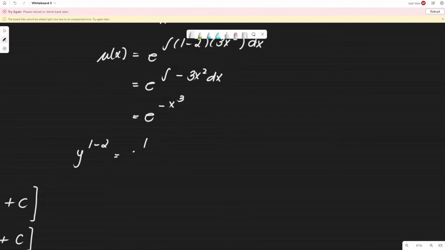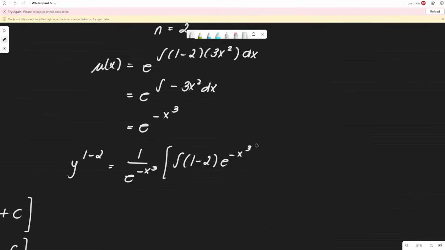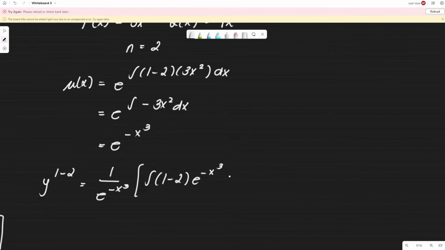So, we have 1 over e raised to negative x cubed, multiplied by the integral of 1 minus 2 e raised to negative x cubed. What is our q of x? 4x squared dx plus c.